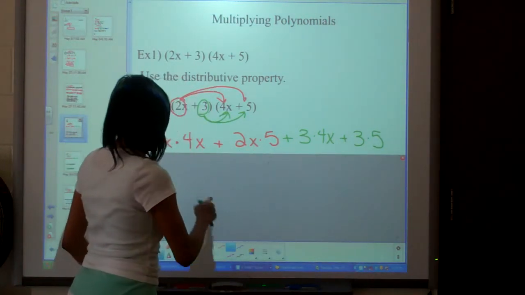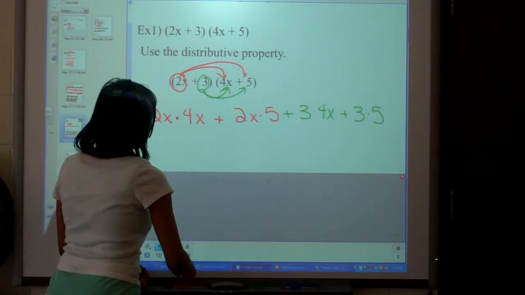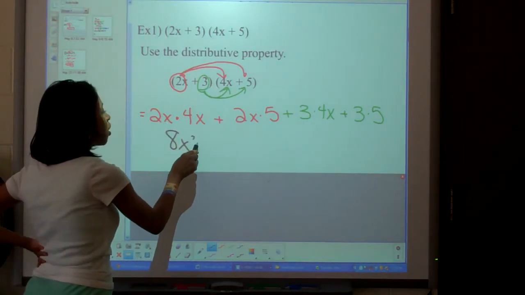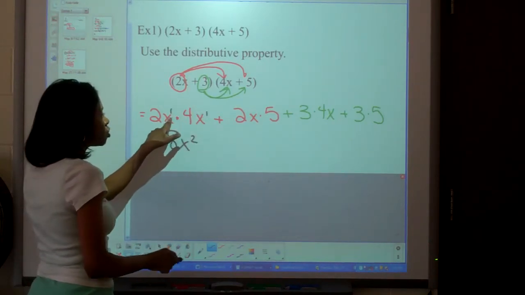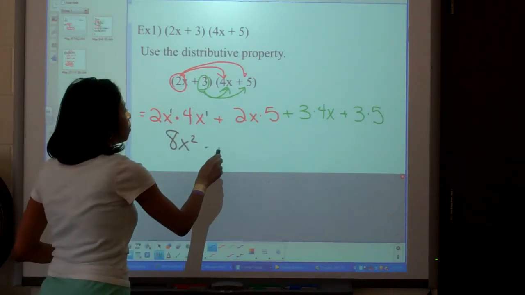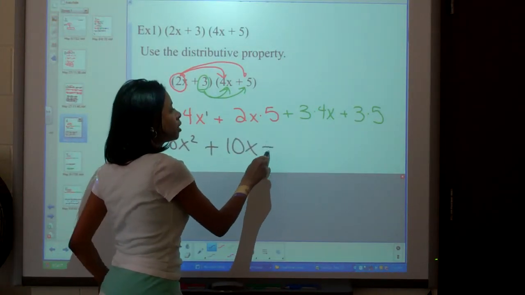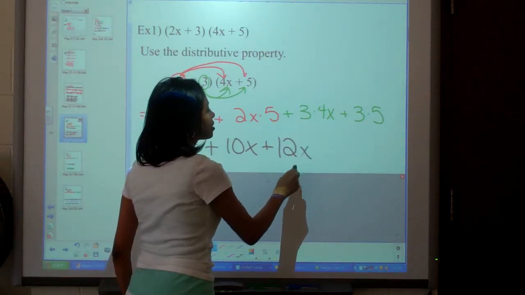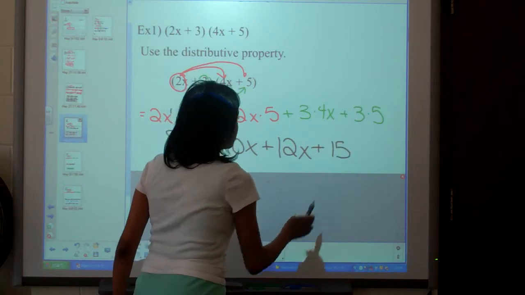Now I can simplify. 2x times 4x is 8x squared. Remember, we're multiplying with the same base, so we add their exponents: 1 plus 1 is 2. Plus 2x times 5 is 10x. Plus 3 times 4x is 12x. Plus 3 times 5 is 15.